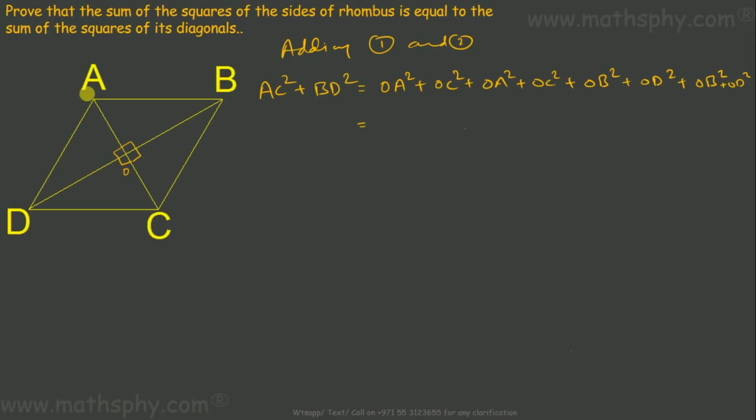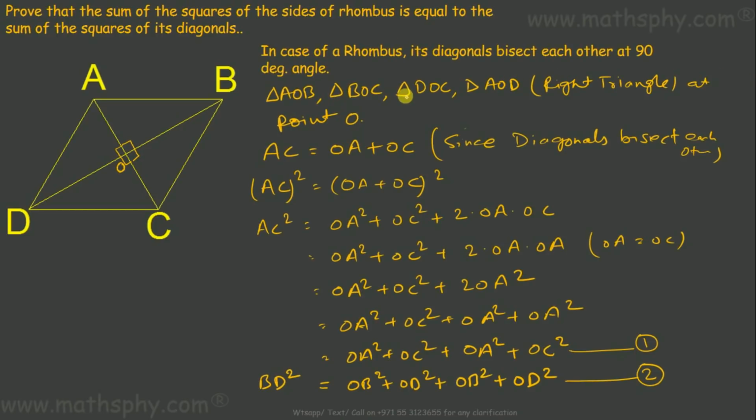Now, as I said, AOB, BOC, DOC, AOD, all are right angled triangles at point O. It means AB square will be equal to OA square plus OB square.